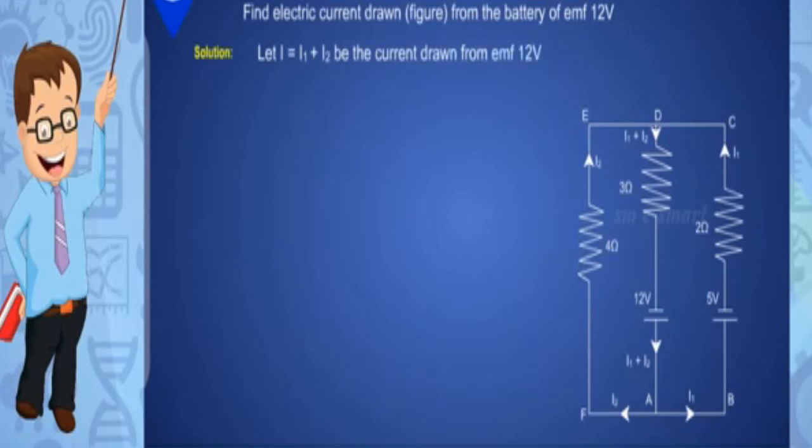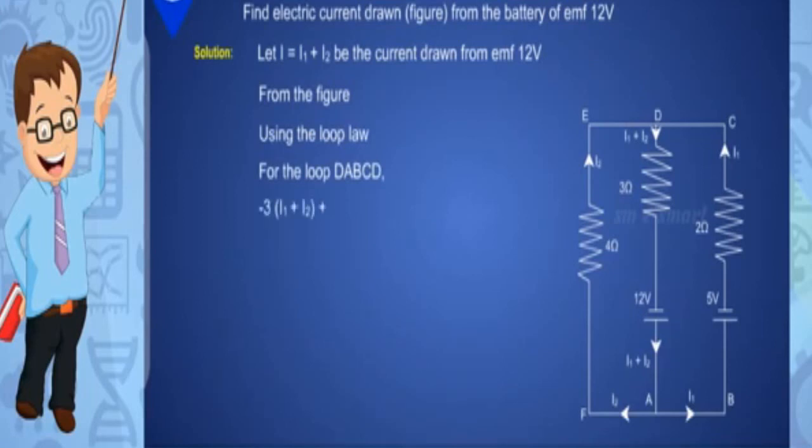From the figure, using the loop law, for the loop DABCD: minus 3 into (I1 plus I2) plus 12 minus 2I1 minus 5 equals 0. Let us denote it as A.